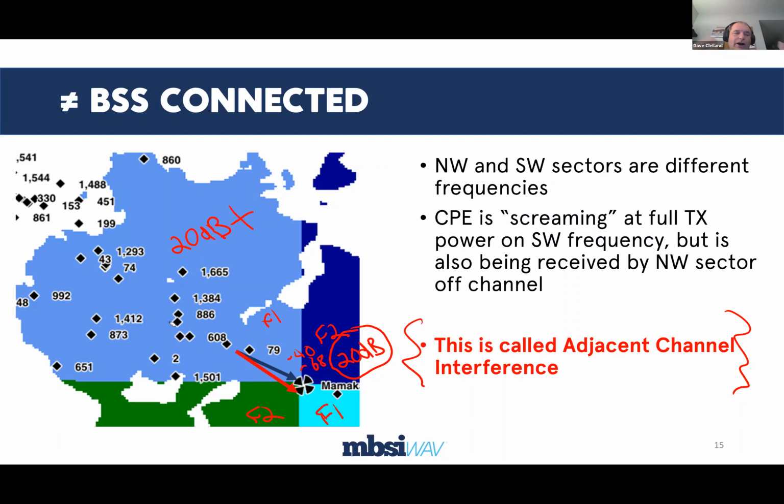And so this problem is cascading. I call it the spiral of death for a broadband system. We need to be able to serve our customers with as few sectors as possible to make sure that the noise floor stays reasonable, and we can pass the traffic that we want to pass.